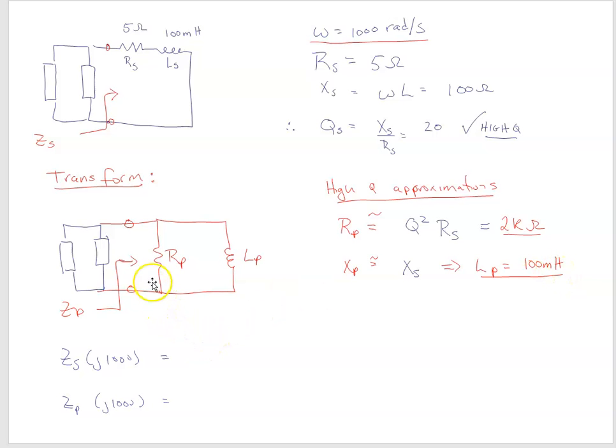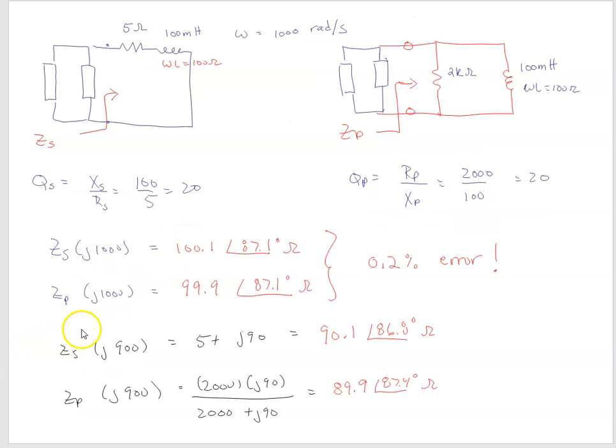So we can compare this impedance looking in series to this impedance looking in parallel. Our impedance in series is just 5 plus j100. Converting that to polar form, that's 100.1 angle 87.1 degrees.